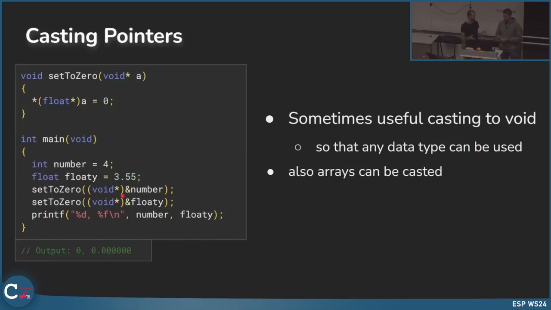Void in this case means not nothing, but it means arbitrary. So beliebig in German. It can be basically everything. So we cast the address of the number and of the float variable to a void pointer. We take the void pointer, and here we cast it back to a float and set it to 0.